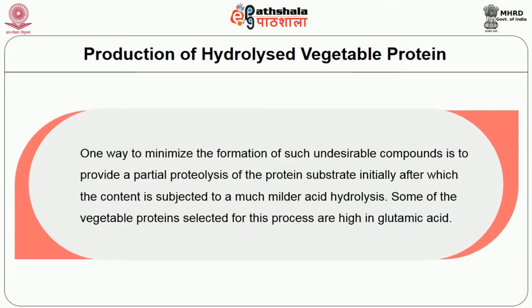One way to minimize the formation of such undesirable compounds is to provide a partial proteolysis of the protein substrate initially, after which the content is subjected to a much milder acid hydrolytic process, and some of the vegetable proteins selected for this process are generally high in glutamic acid.